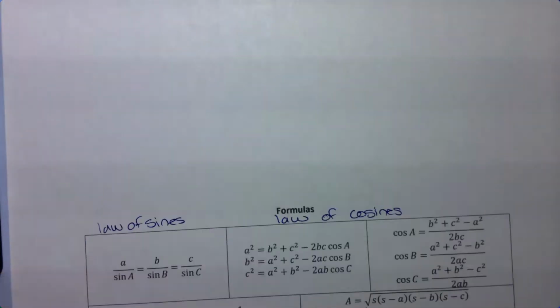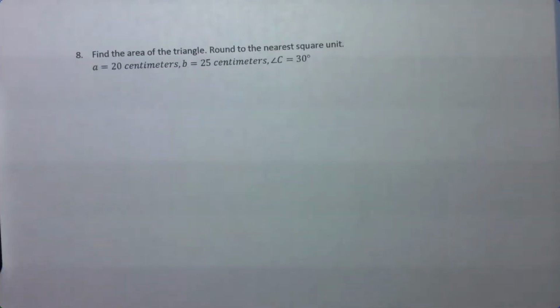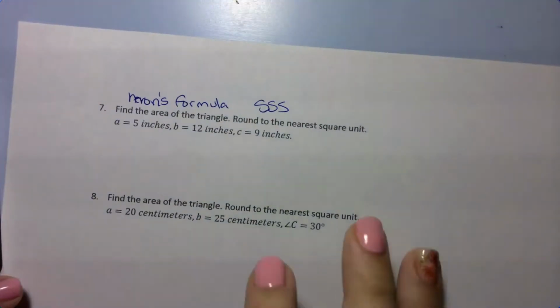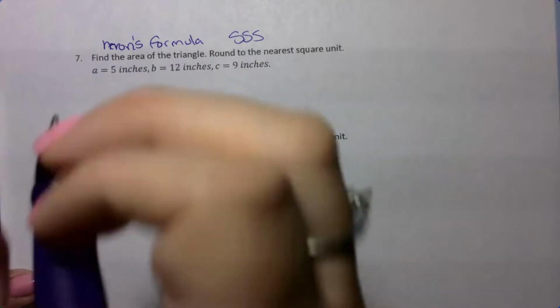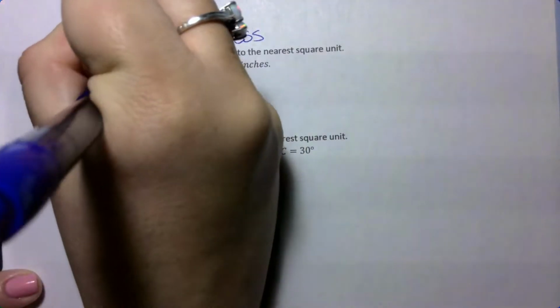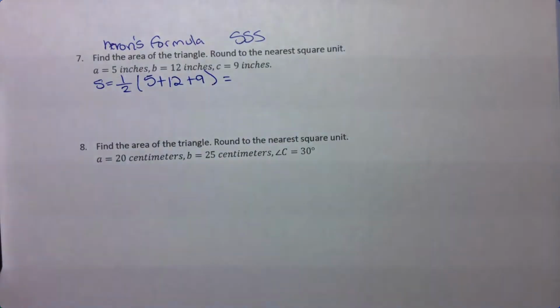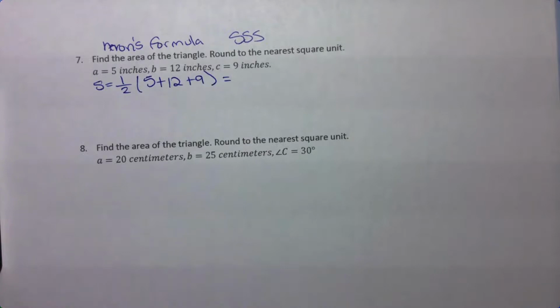Okay. Moving on, this one wants me to find the area of the triangle, and I have 3 side lengths. This one is going to be Heron's formula, because it has the 3 side lengths. So, this one I first need to start off by finding my S. This is 1/2 of all 3 of those side lengths added together. So I'm going to type that into my calculator.